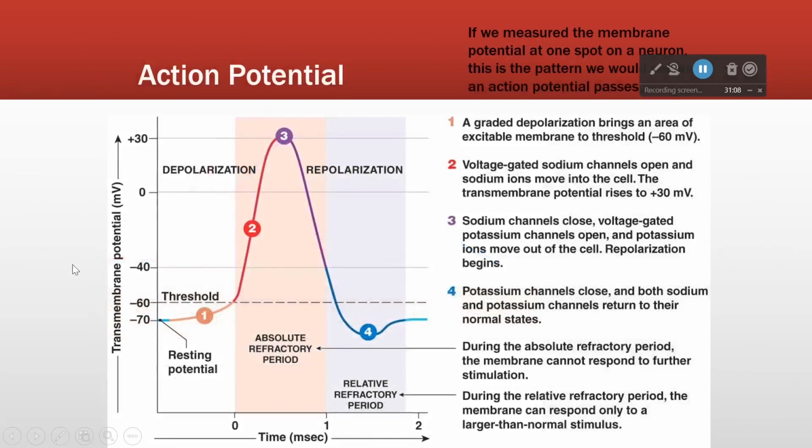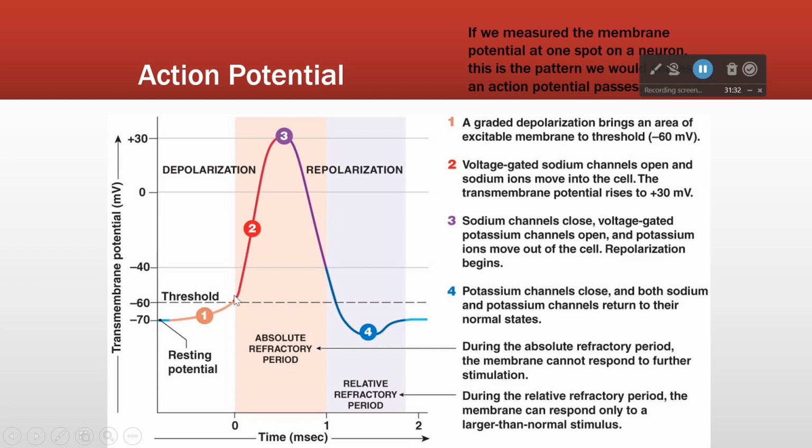Okay? So if we put all those things together and we stick our voltmeter in the axon of a neuron, when an action potential goes rushing by, this is the pattern that we see. All right? So here we are at rest. At number 1, we get our graded or local depolarization. Okay? So we go from minus 70 to minus 60.